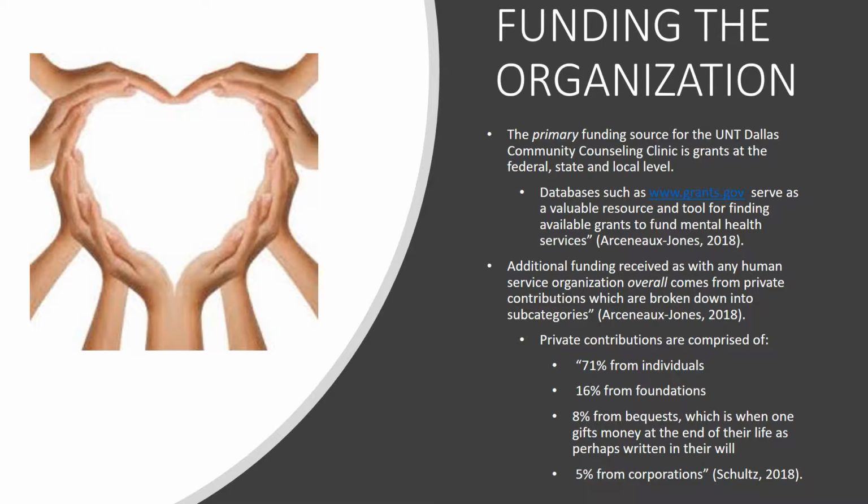Primary funding for the organization comes from grants at federal, state, and local level. Additional funding, as with any human service organization overall, comes from private contributions, which are broken down into subcategories. Private contributions are comprised of 71% from individuals, 16% from foundations, 8% from bequests, which is when one gives money at the end of their life, as perhaps written in their will, and 5% from corporations.